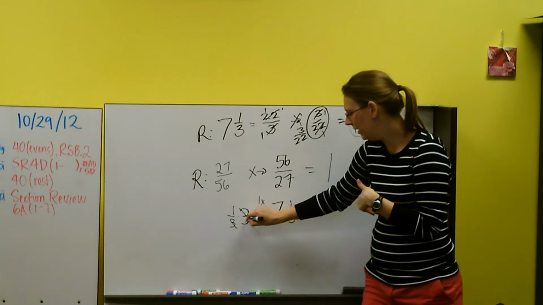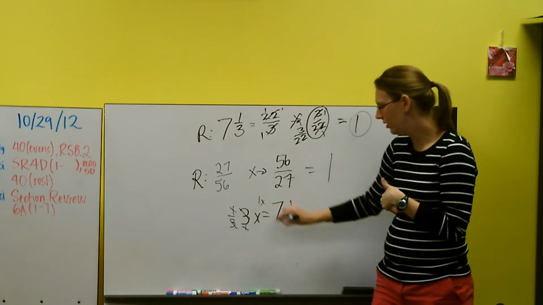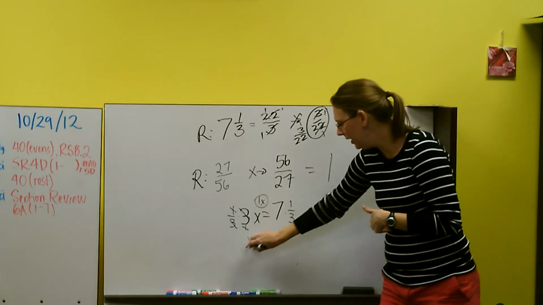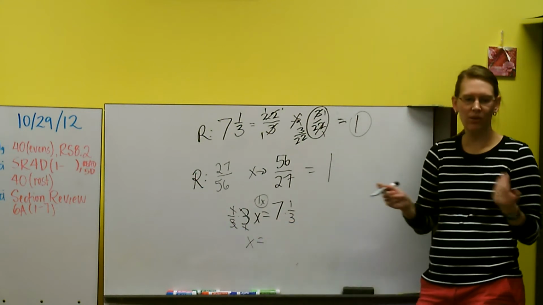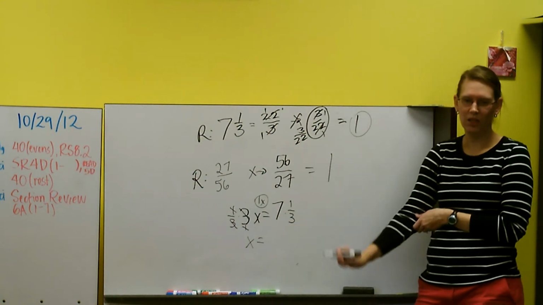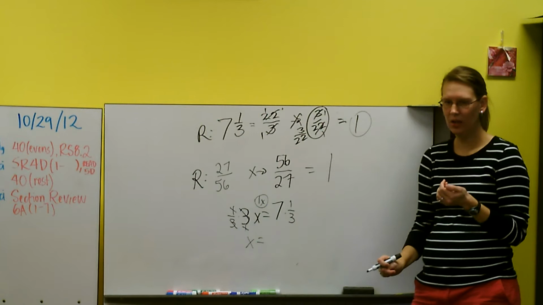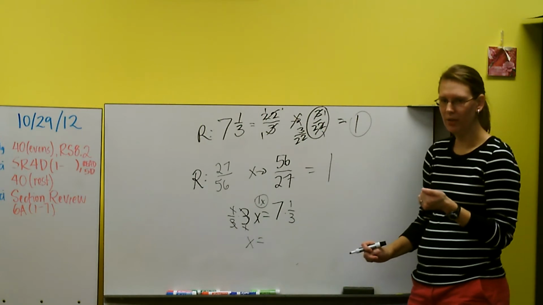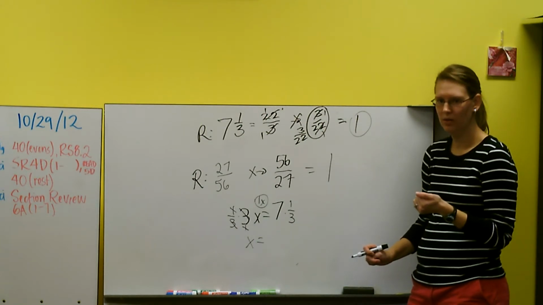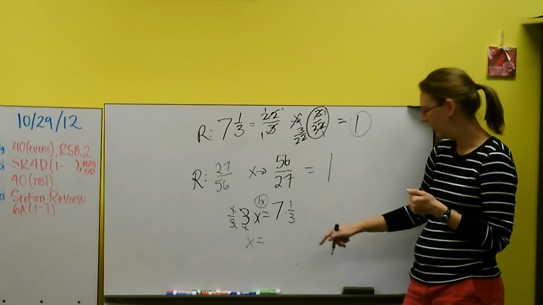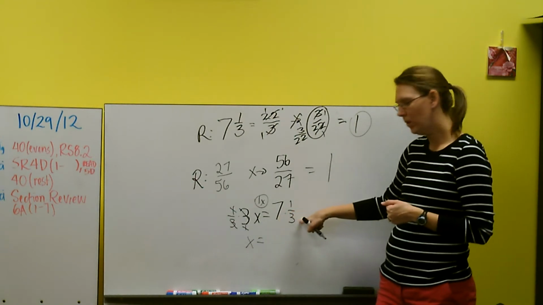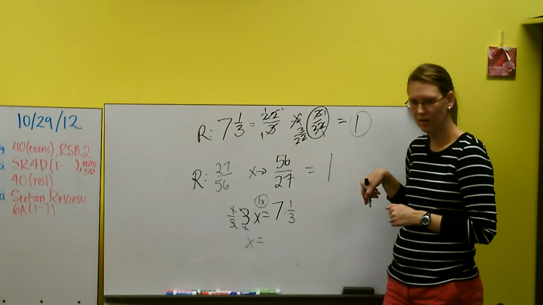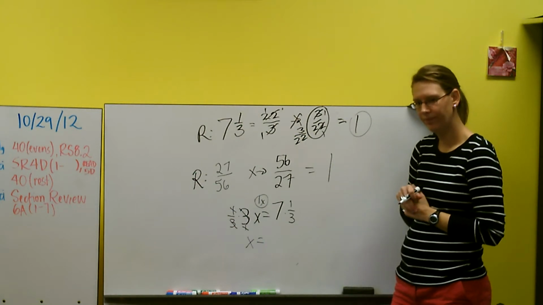These 3s are going to cancel. This guy was over 1. So those cancel. You're left with just 1x. So we can drop it and put x equals, like we were doing for addition and subtraction. Does that make sense? Better? Yes, no? Better? Yeah. So far? Okay. So 7 times 1/3 would get us what, Devon? What's 7 times 1/3?